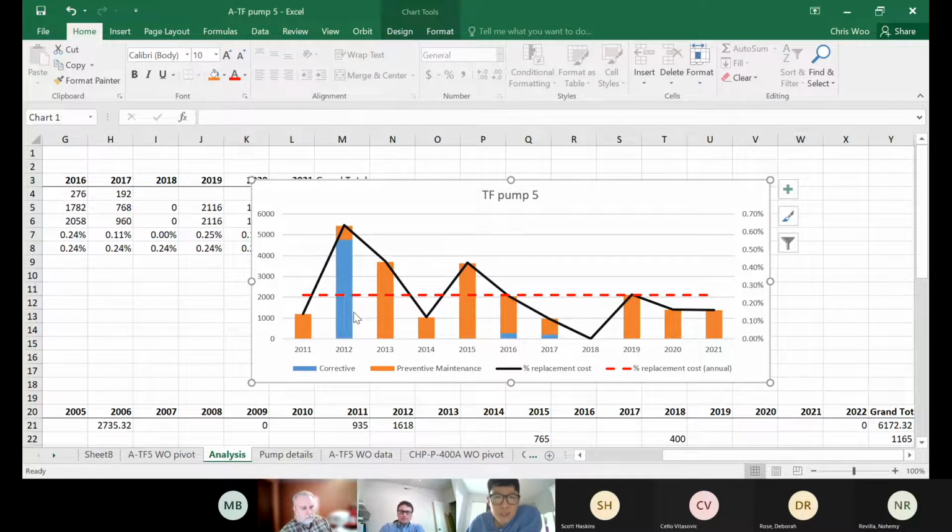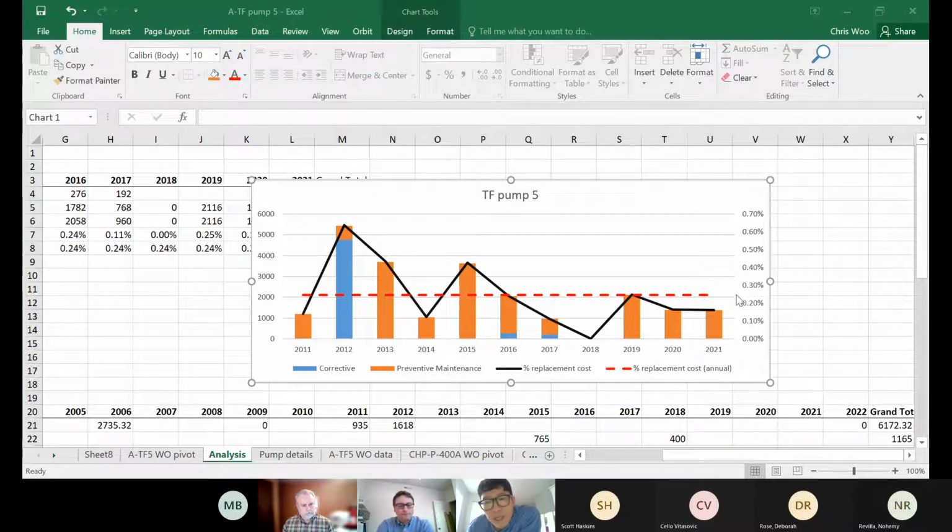But again, this may relate to the data quality issues, that they've done some work but it is recorded at a wrong level. Having that aside, the secondary axis is showing the percentage of these work order spending relative to the replacement cost. The black line is each year. Obviously it follows the stacked chart, but at a different scale on the right-hand side.